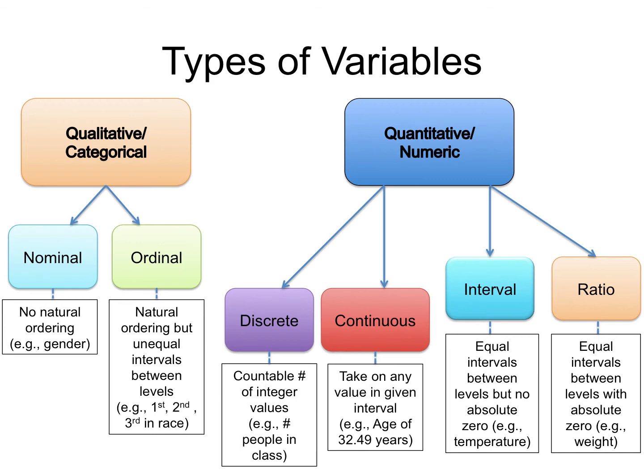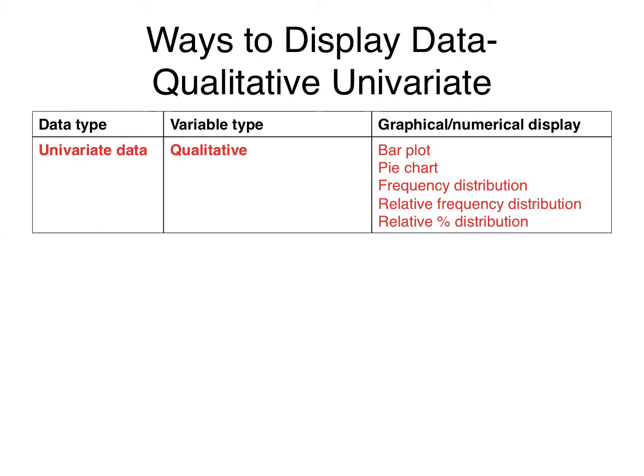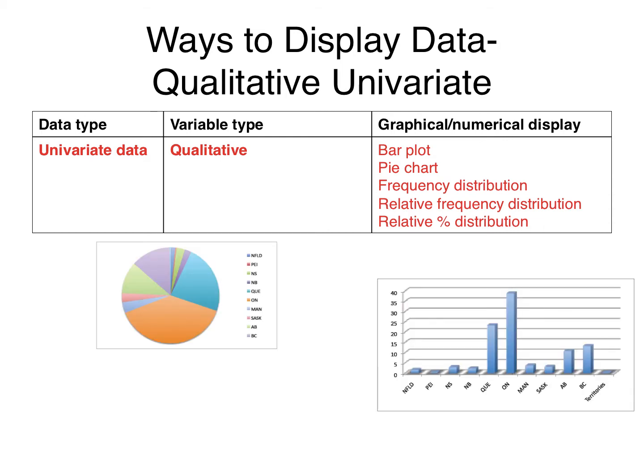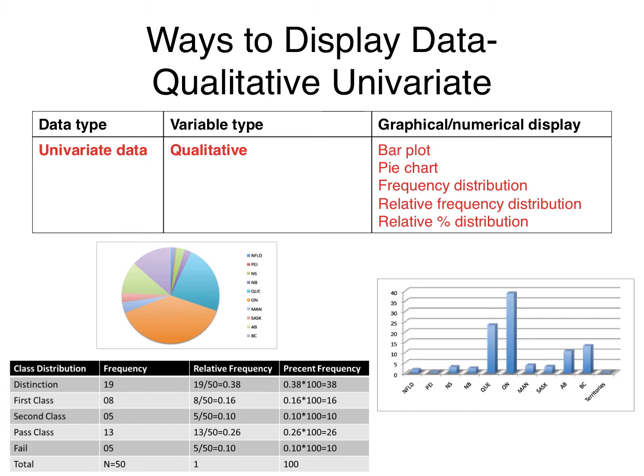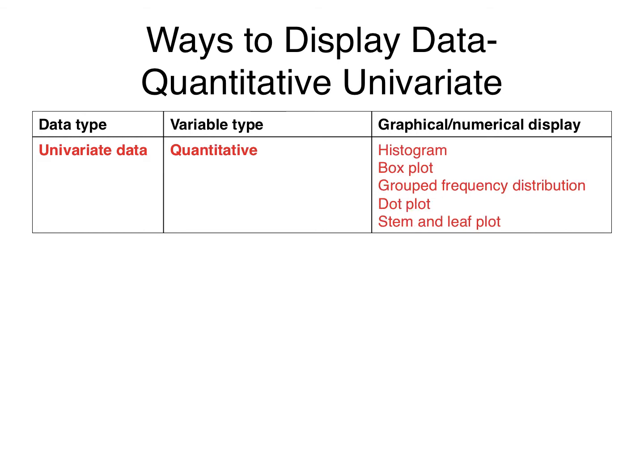If you have a qualitative variable, you can display the data for this variable using things like pie charts, bar plots, and frequency distributions, all of which are shown here. You can display data for quantitative variables in a lot of different ways.